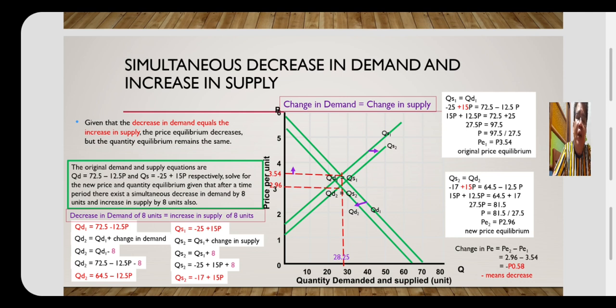If it is a decrease in demand, then we will introduce a negative sign to that particular amount of change. So we introduce negative 8 to the change in demand, negative because there is a decrease in demand.